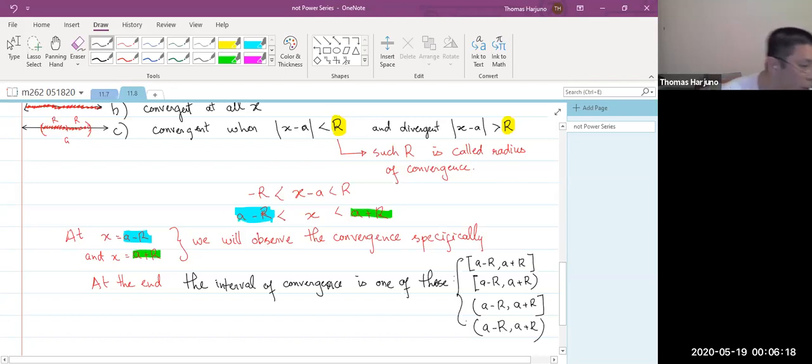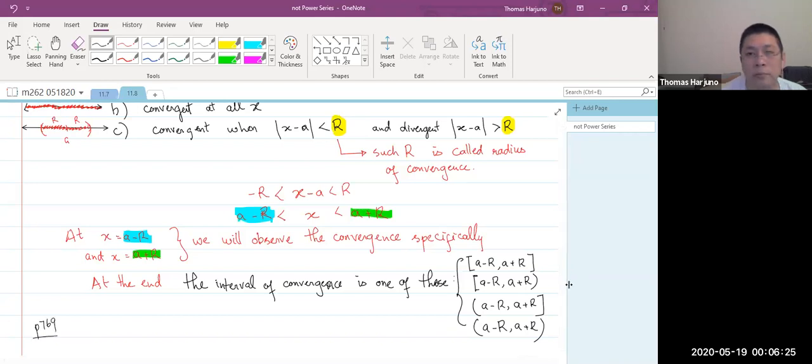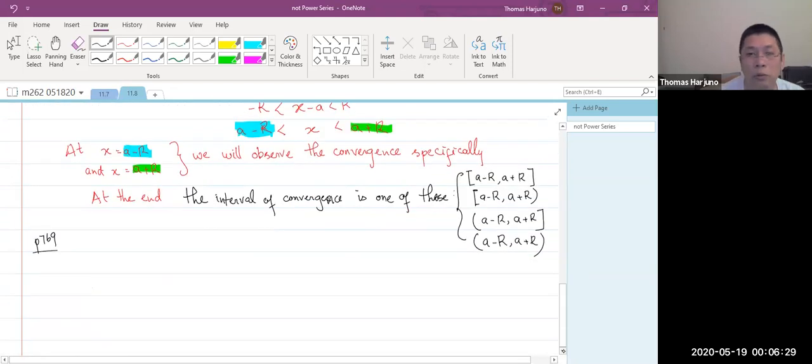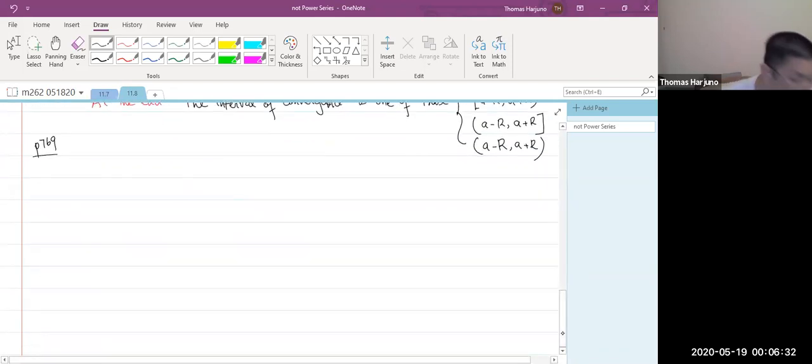Let's take a look at page 769. I'm actually done with this section. That's all you need to know. What we are going to do is practice this on problems. Let's say, for example, on page 769, I do number 6.